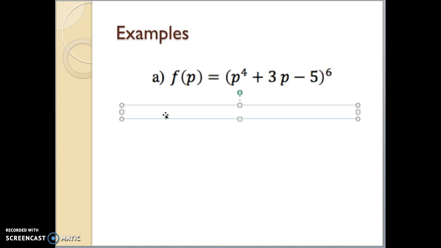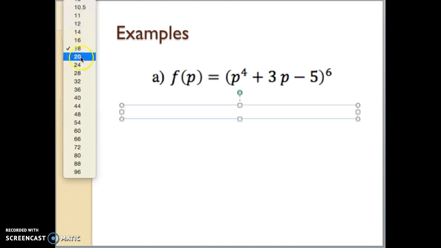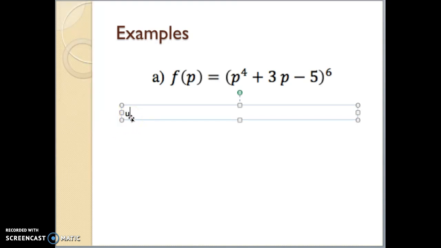If you're looking at the inside, it's where you start to plug in numbers first. So if you had f of 1, you'd start to try to plug 1 in for the p to the 4th plus 3p plus 5. So that tells me that u is equal to my p to the 4th plus 3p minus 5.